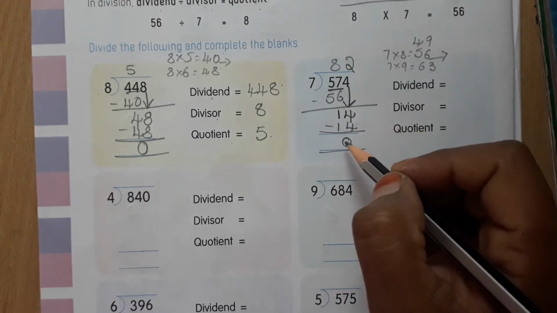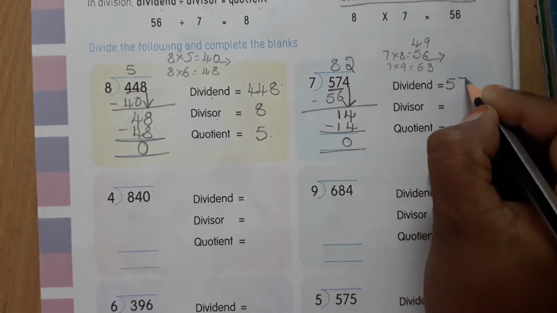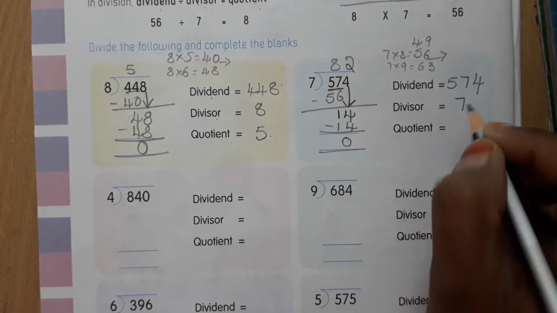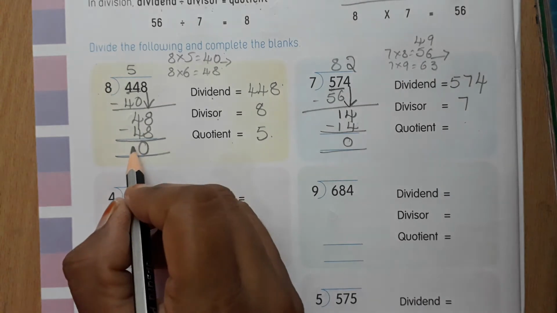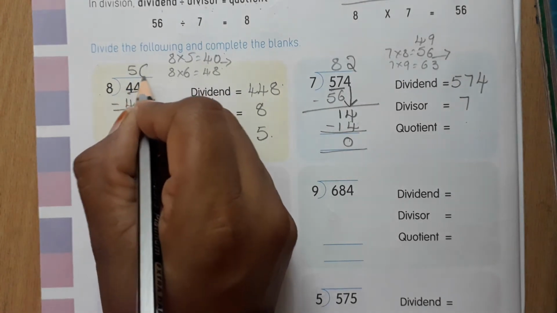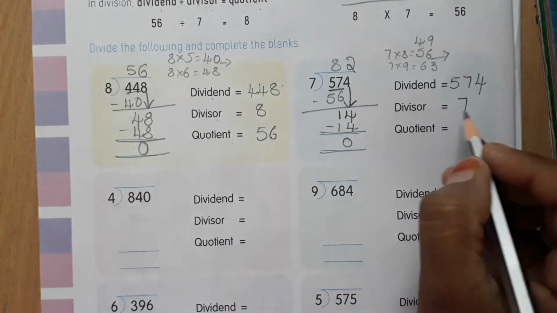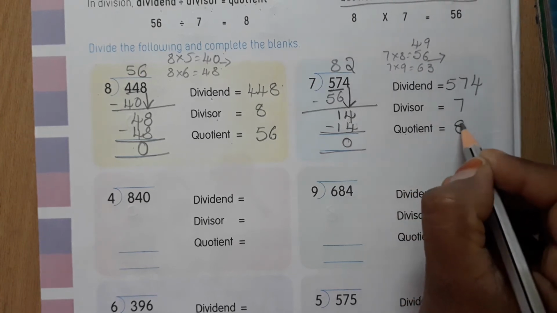Okay children, now what is the dividend in this? 574. What is the divisor? 7. What is the quotient? 82. Sorry children, here we forgot to write 8 6s. So here the quotient is 82, children. Divisor 7 and the quotient 82.